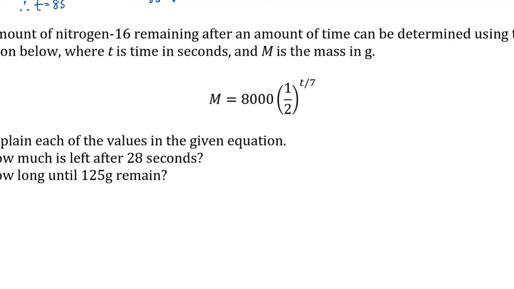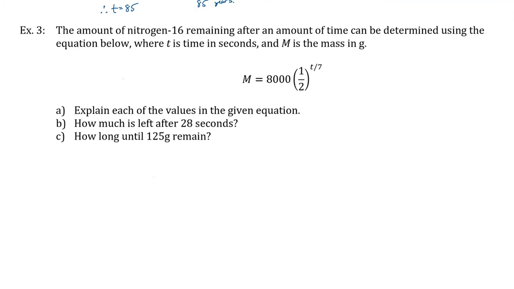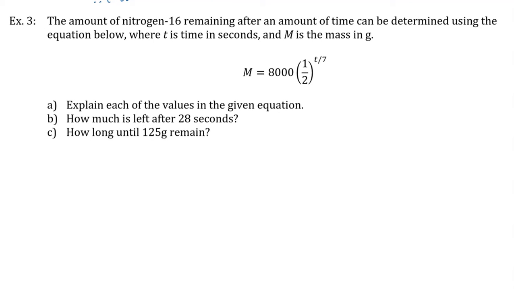Radioactive material decays over time. That's how they do carbon dating, and they don't just use carbon anymore, they use other materials as well, but that's how they figure out how old very old things are, like dinosaurs. They use this idea of radioactive decay and half-lives. So it's, again, a very important particular application that we're doing here. It is a real thing that people all over the planet do all the time.